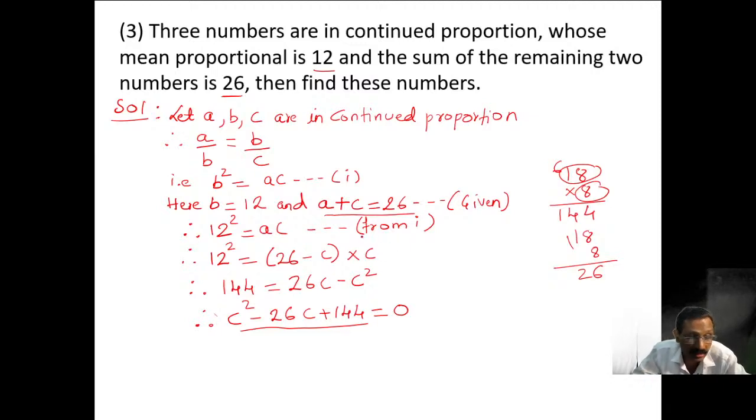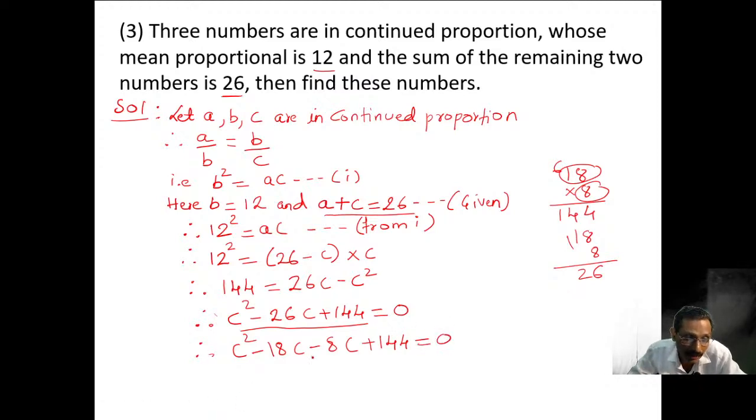So to get this, I need both the numbers with the negative sign. Therefore, C square minus 18C minus 8C plus 144 is equal to 0.